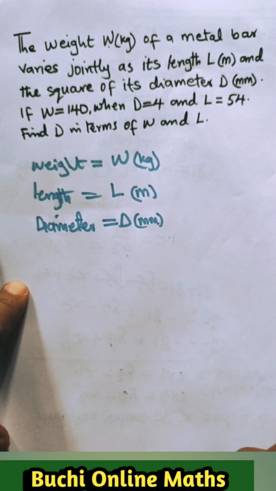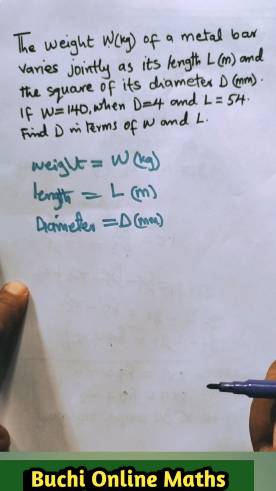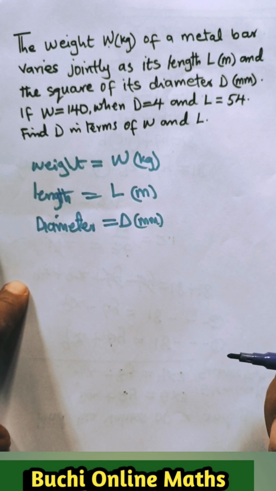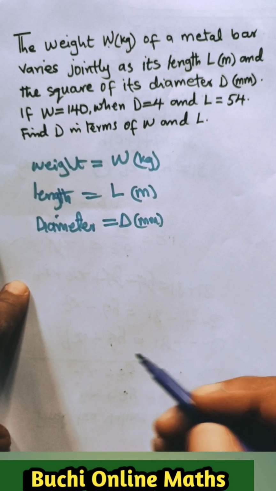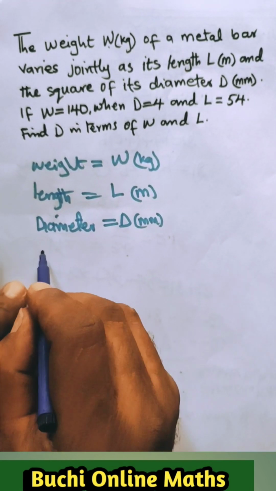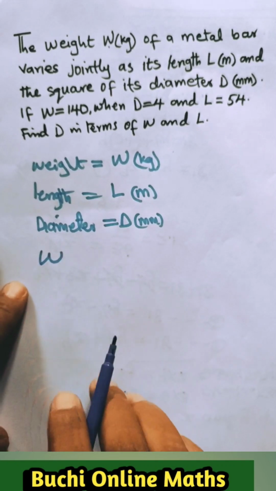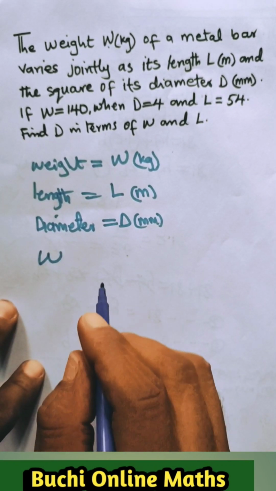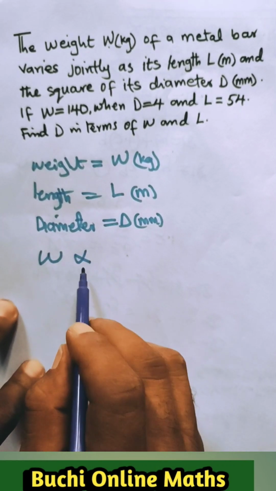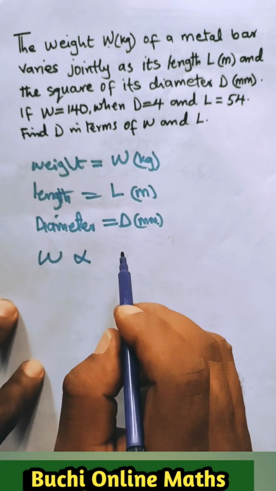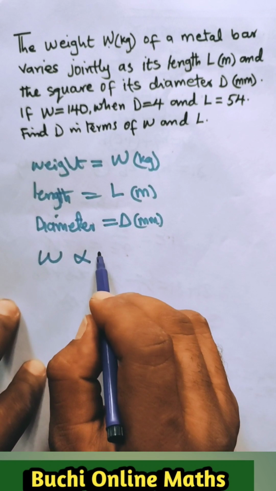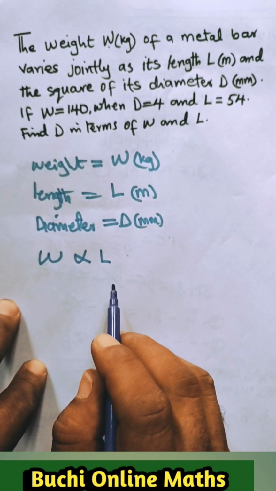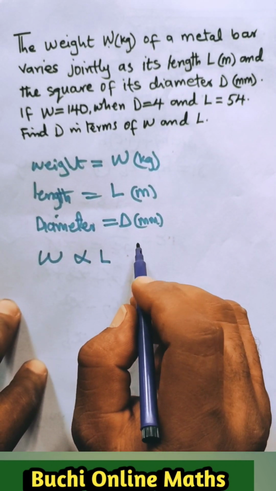Now the question says that the weight W in kilogram of a metal bar varies jointly. That means the weight W of this metal bar varies, this is a sign of variation, jointly as its length, which is L, and the square of its diameter.